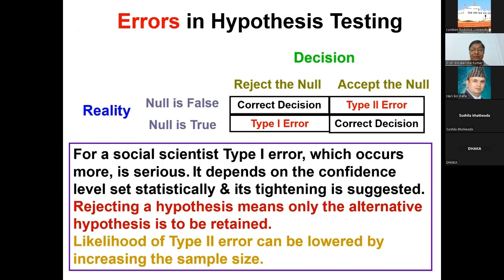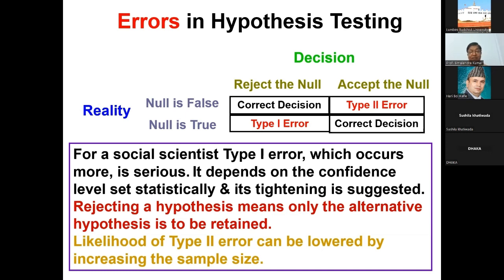Next, what are the errors in hypothesis testing? Sometimes hypotheses do not hold in the concluding part of the thesis. In decision making or in the concluding part of our thesis, there are sometimes errors in the hypothesis also.